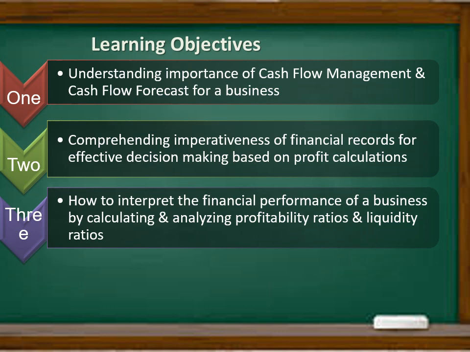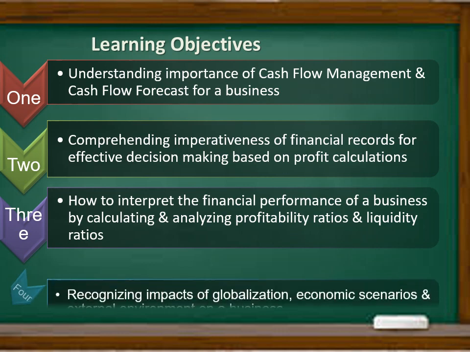How is profit and cash flow management done? How is profit calculated? How to interpret the financial performance of a business by calculating and analyzing profitability ratios and liquidity ratios.